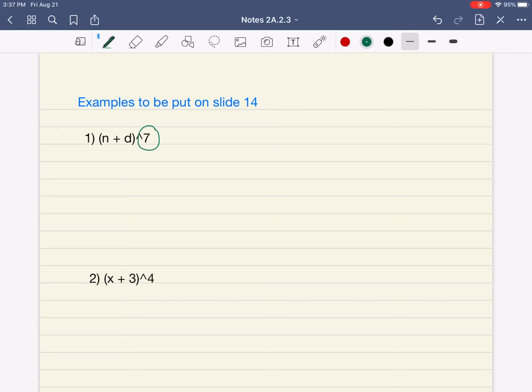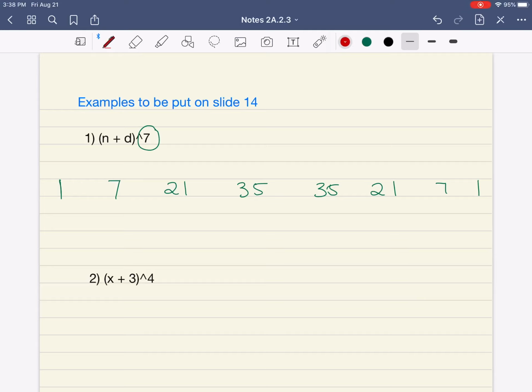My exponent is 7. My Pascal's triangle row, the numbers, remember, were 1, 7, 21, 35, 35, 21, 7, and 1. Notice I'm going to leave some space in between them. And you have Pascal's triangle in your little notes, but we did just do this one. So notice how I left a bunch of space in between them.